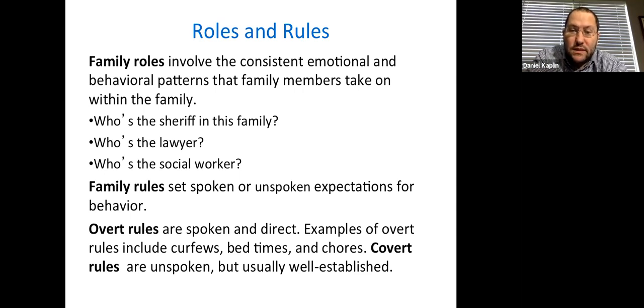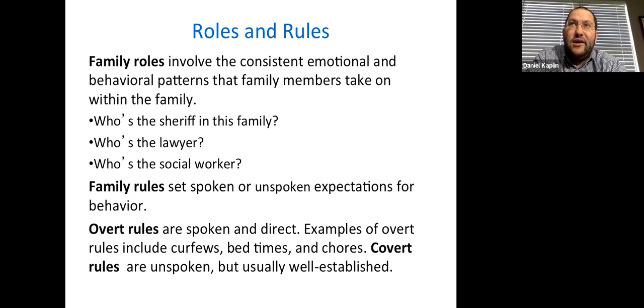Family rules are either clear-cut, spoken, which are overt, or unspoken, which are covert expectations of behavior. So overt rules or spoken expectations might be things like a curfew or bedtime or chores, whereas covert rules are unspoken.